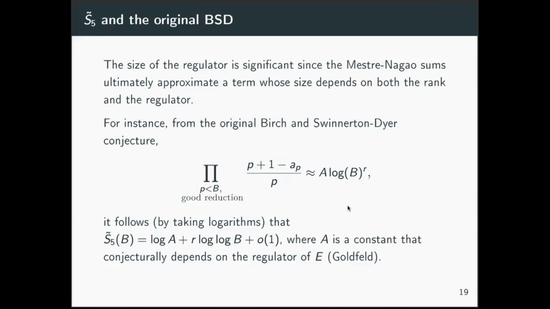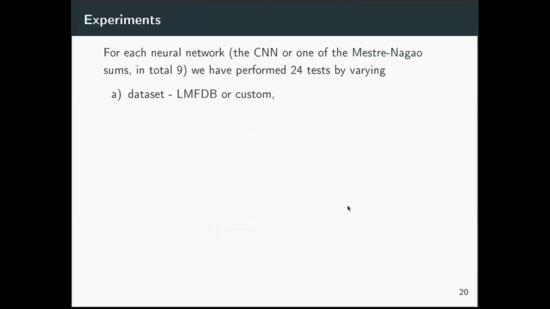But in any case, our main intention was to compare these two models. So it's okay for us that we have this kind of bias, because we just want to know how the CNN model works compared to the Mestre-Nagao sums.